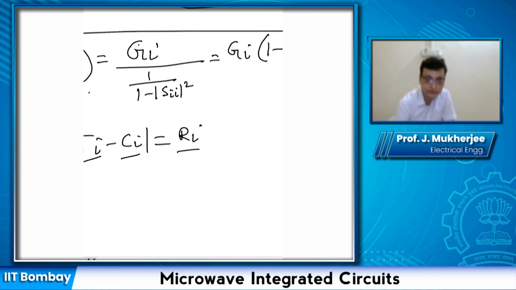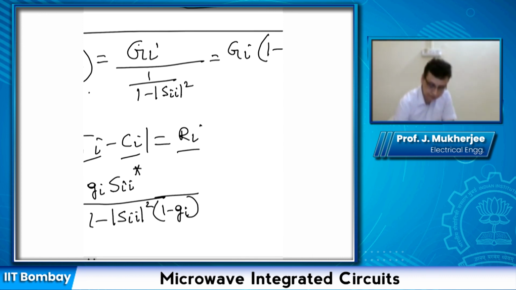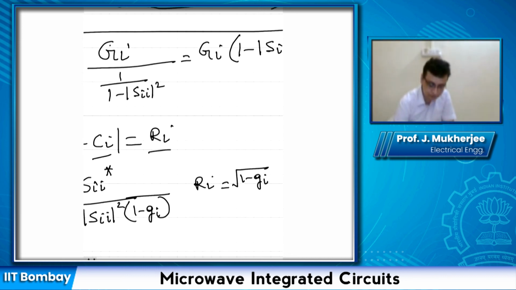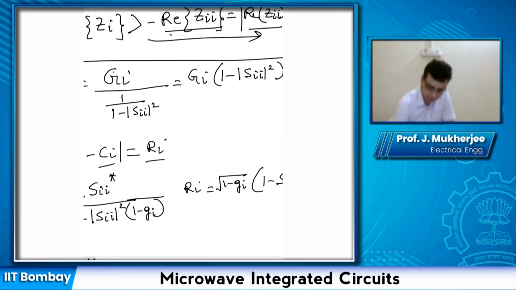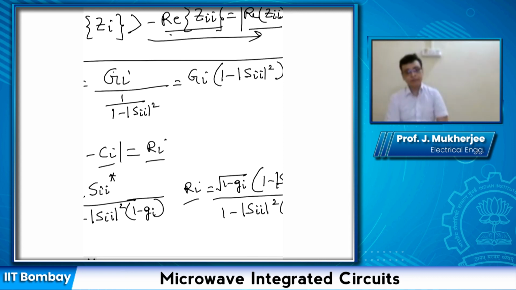So Ci is given by, so the formulae for Ci and Ri remain the same as that for the unconditionally stable case.